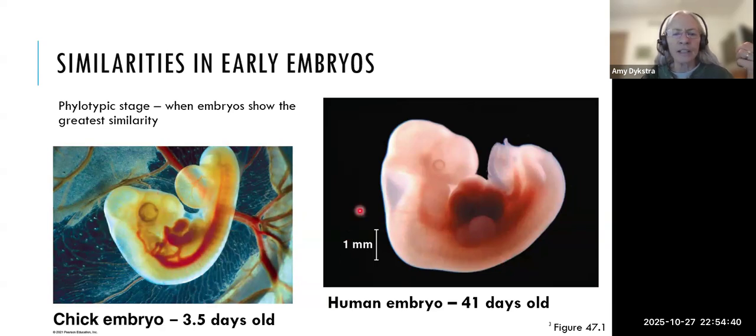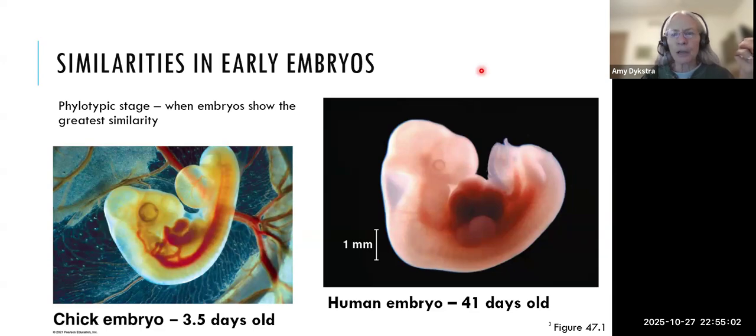You can see the eye developing. Now, these are at different stages or different ages. So the human embryo is 41 days old when it gets to this stage, and the chick embryo is only 3.5 days old. But we call this the phylotypic stage, which is when these embryos show their greatest similarity.